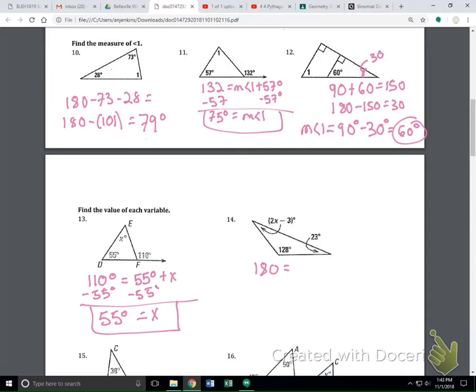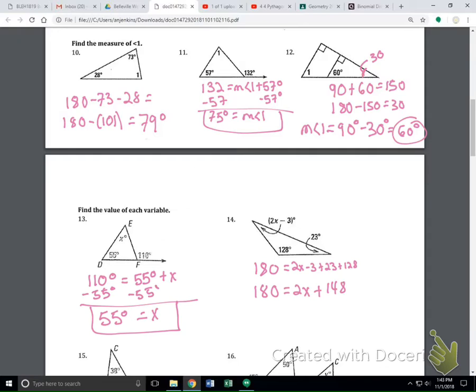Okay. So we have 180 equals 2x minus 3 plus 23 plus 128. So we're taking all the interior angles and adding them up. And we know that the sum of the interior angles has to be 180. So we have 180 equals 2x plus 148.